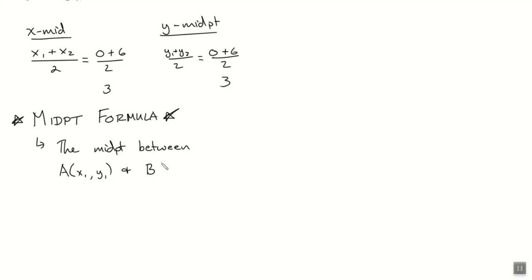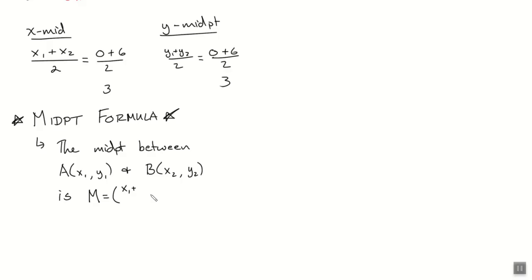And B, shot in the dark, x2, comma, y2 is, and I always call it point M unless it's taken, M for midpoint. We just have to shove these guys together. Find the x's midpoint by adding and dividing by 2. Find the y midpoint by adding and dividing by 2. This is what I was asking about at the start of class. X1 plus Y1. Whoop, just kidding. What did I do wrong?